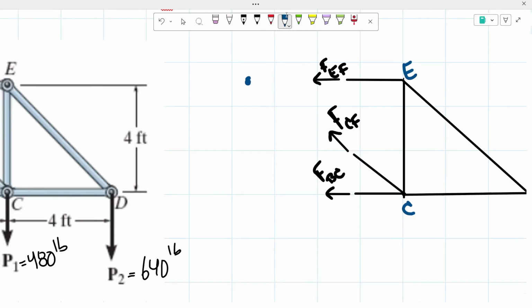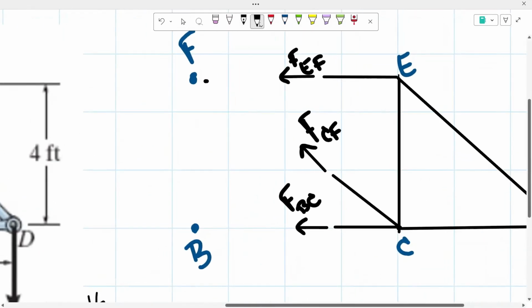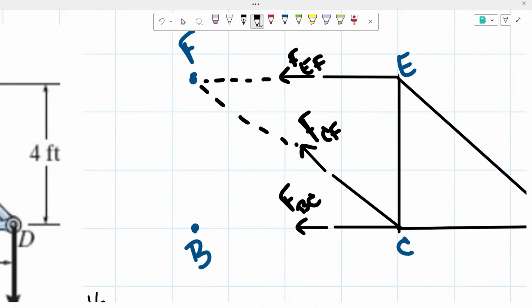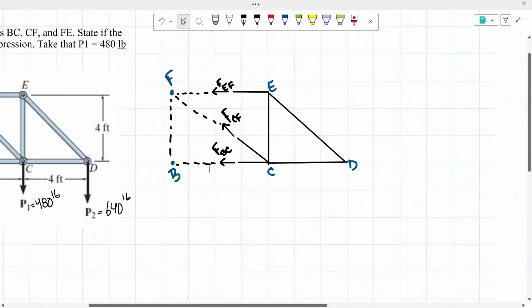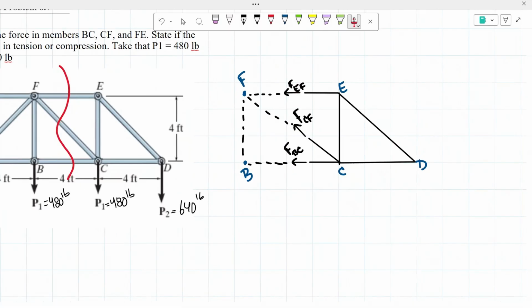So from here, we would have F, and then we would have B. So that is my sketch. If we were to cut the truss right here, that's basically what we would be seeing.